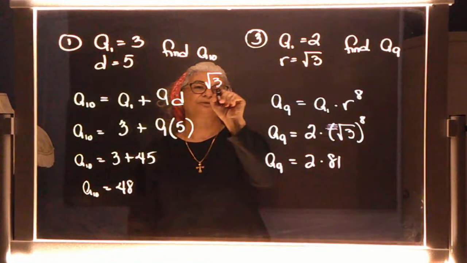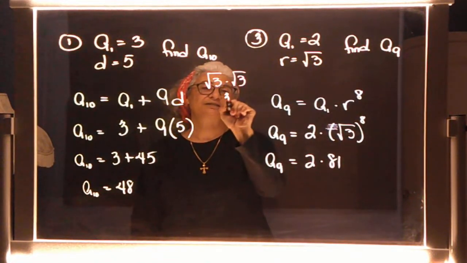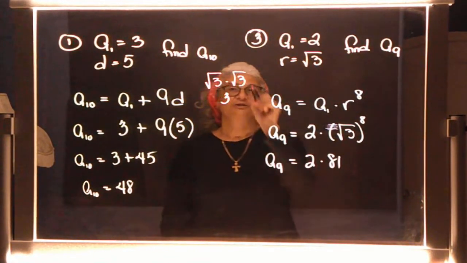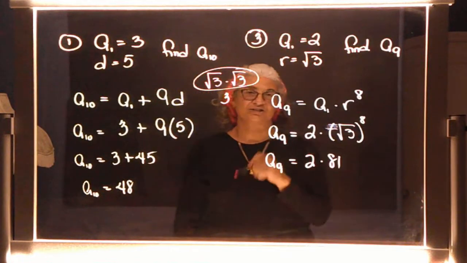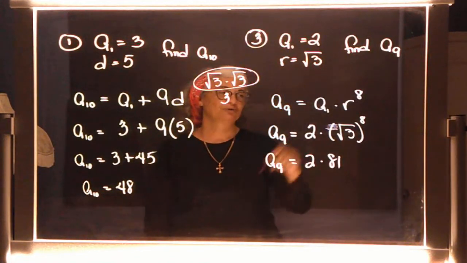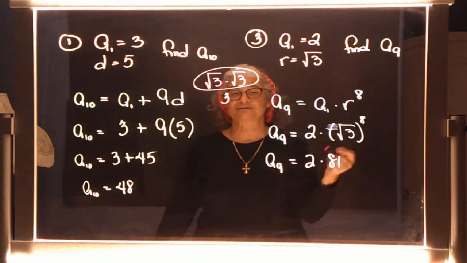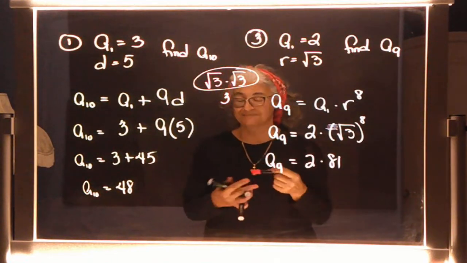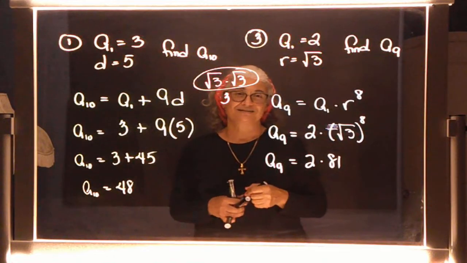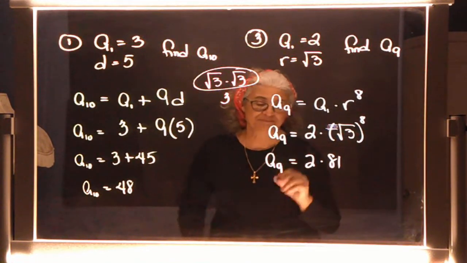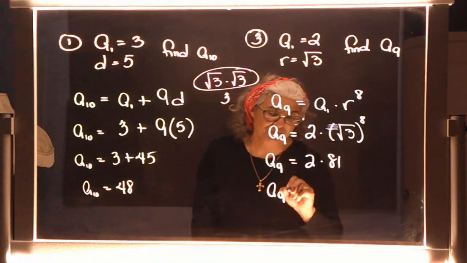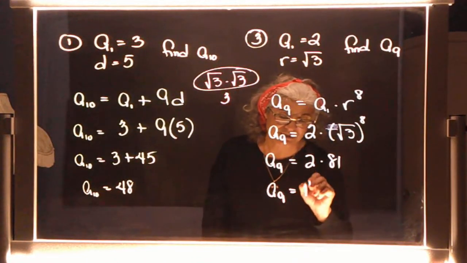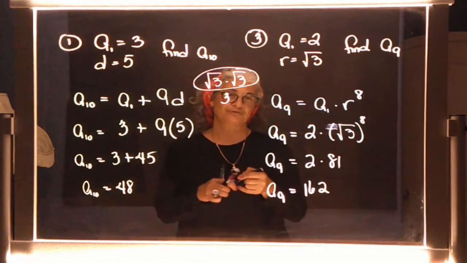If I take square root of 3 times itself, isn't this just a 3? So if I pair these up, I get just a 3, right? Well, if I have 8 of them, I have 4 pairs. So I basically have 3 to the power of 4, which is 81, isn't it? Yeah. Try to exercise this a little bit more. Okay. Anyway, term number 9 for this geometric sequence is 162.